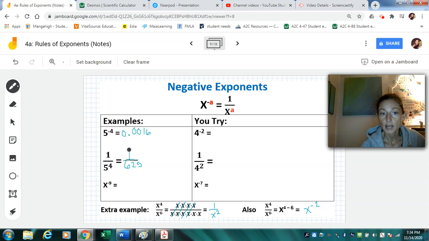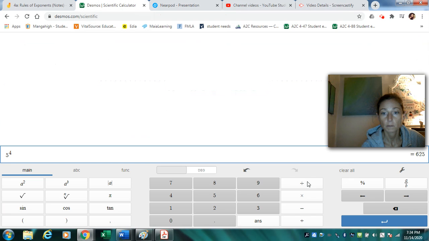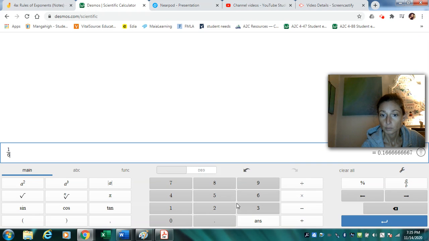And if I calculate that, 1 divided by 625, I should get the same exact thing. And so again, I get 0.0016.